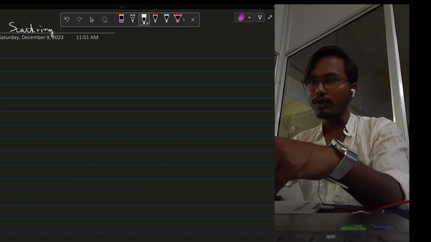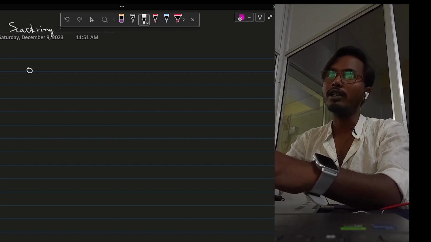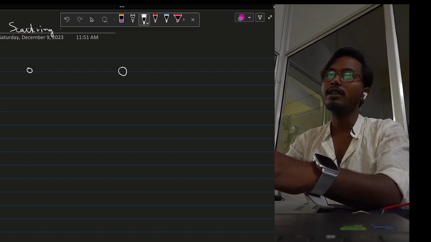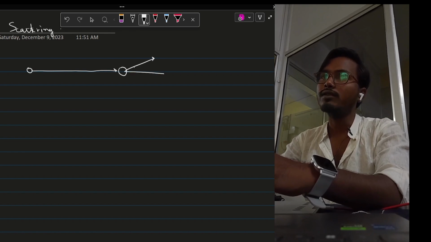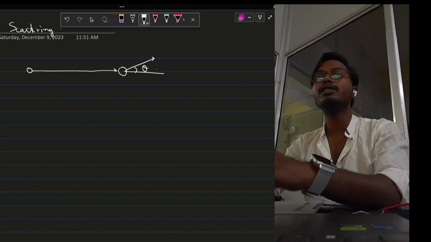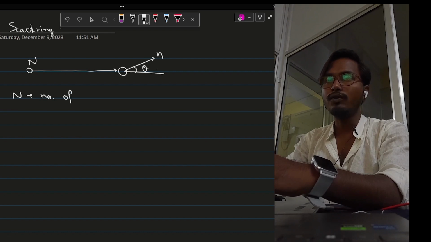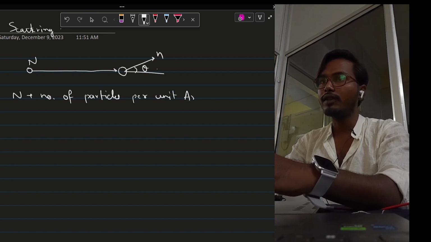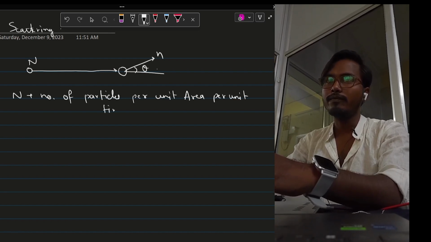First of all, we are going to start by defining what scattering is. In layman's terms, you have a particle here and you have target particles here, and when this incident particle strikes the target, it deflects from its original path by an angle theta. This is called scattering. So what we have here: capital N is the number of incident particles per unit area per unit time.